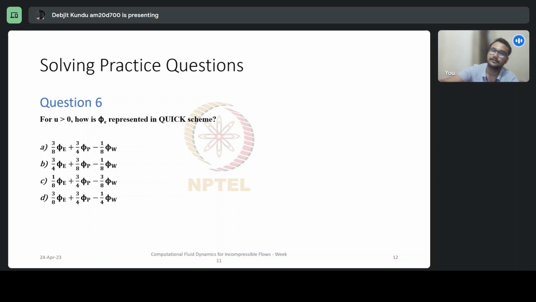Let's have a look at the solution. The solution is option A, 3 by 8 phi e plus 3 by 4 phi p minus 1 by 8 phi w. And let us derive that.